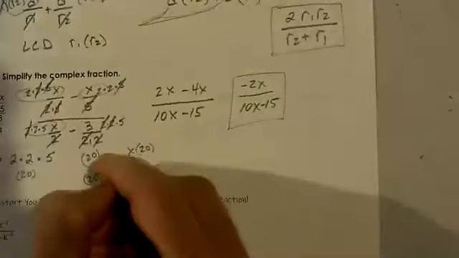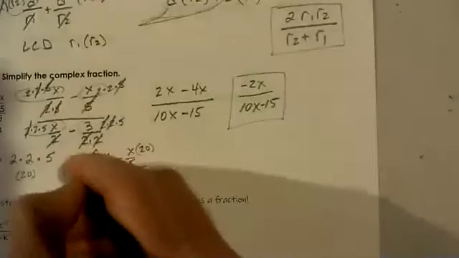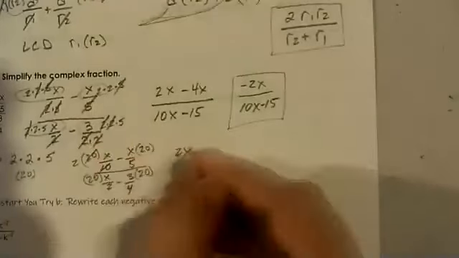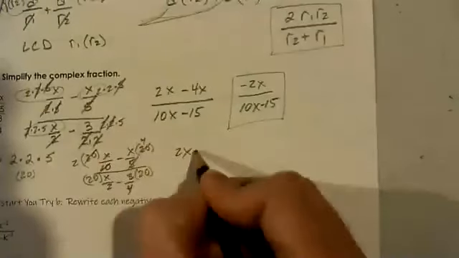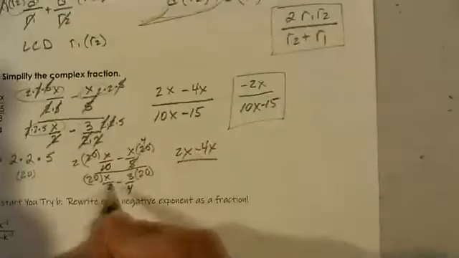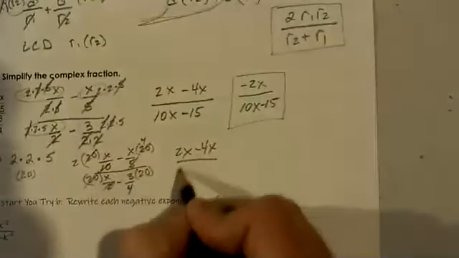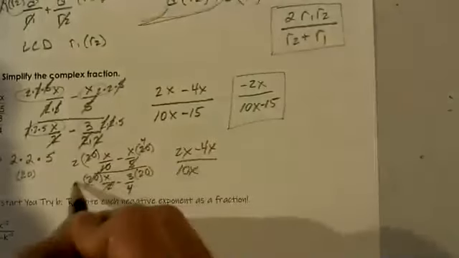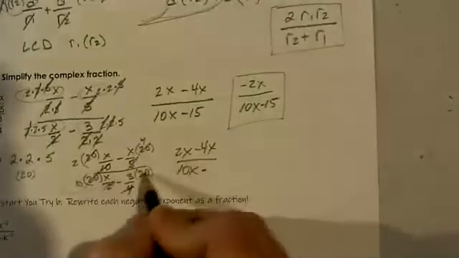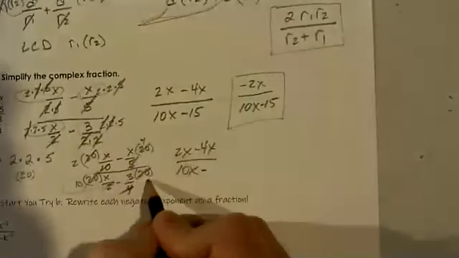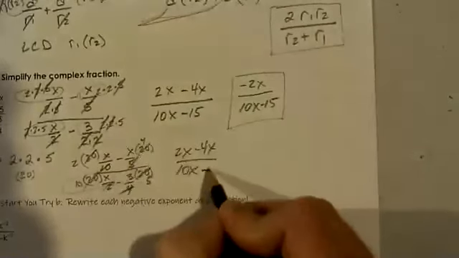And you know that 10 goes into 20 2 times, so you got 2x. And 5 goes into 20 4 times, so you got minus 4x. 2 goes into 20 10 times, so you got 10x. Minus 4 goes into 20 5 times, so you got 3 times 5.